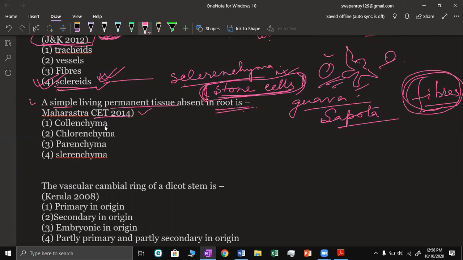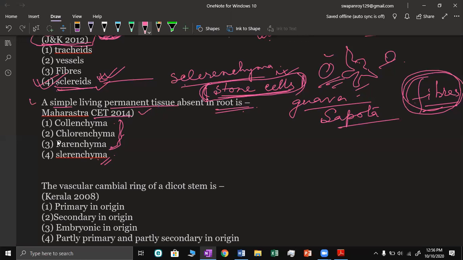The options are collenchyma, chlorenchyma, parenchyma, sclerenchyma. Out of these, three are living. Sclerenchyma is dead. So our answer will be from these three.